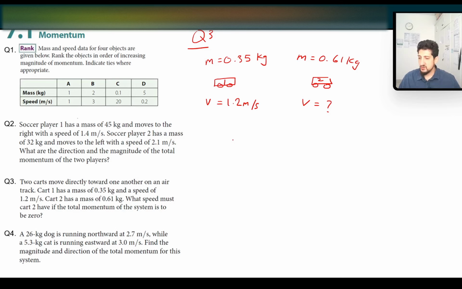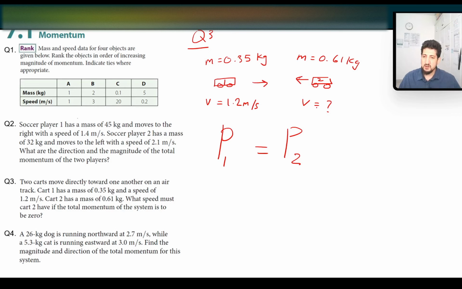In order for the total momentum to be 0, the momentum of cart 1 has to equal the momentum of cart 2, because they are opposites to each other. This one's moving this way and that one's moving this way.